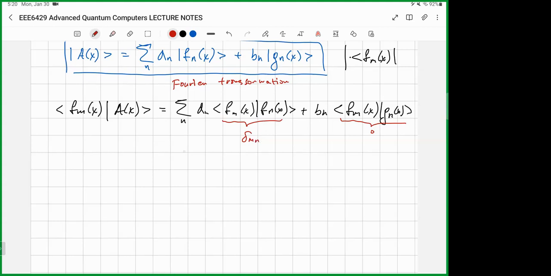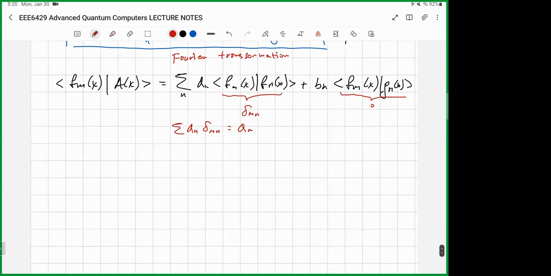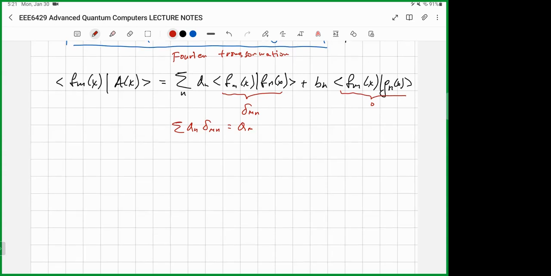So now we have the sum of an delta mn, and it's equal to a with index m, because every element of this Kronecker delta equals 0, except for the case when m equals n.